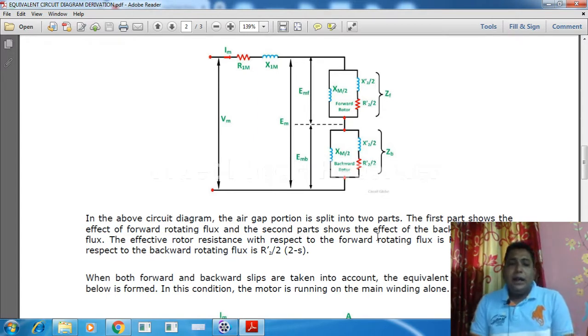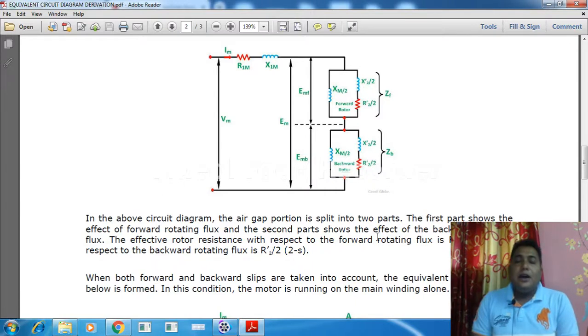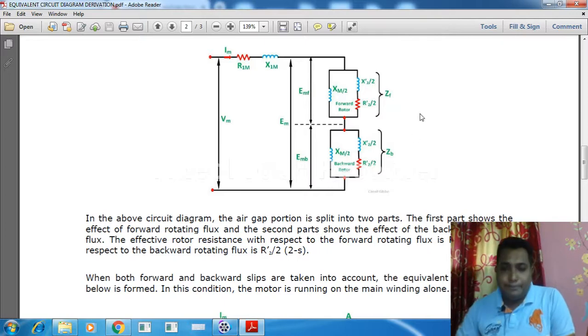The effective rotor resistance with respect to the forward rotating flux is R2 by 2s, and with respect to the backward rotating flux it is R2 by 2 into (2 minus s). When both forward and backward slips are taken into account, the equivalent circuit shown below is formed. In this condition, the motor is running on the main winding only.